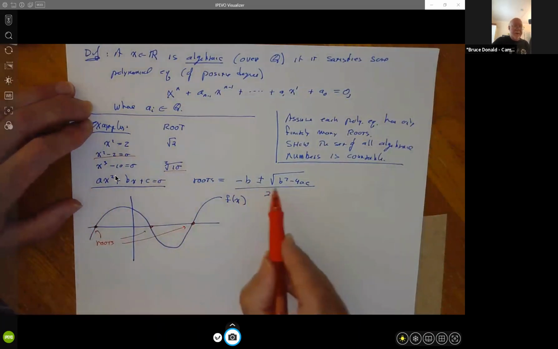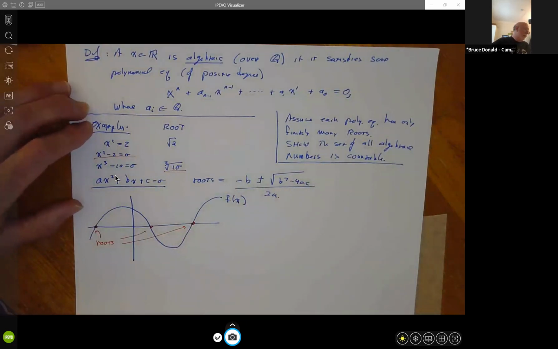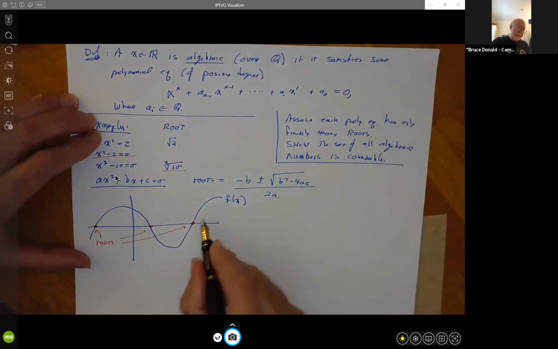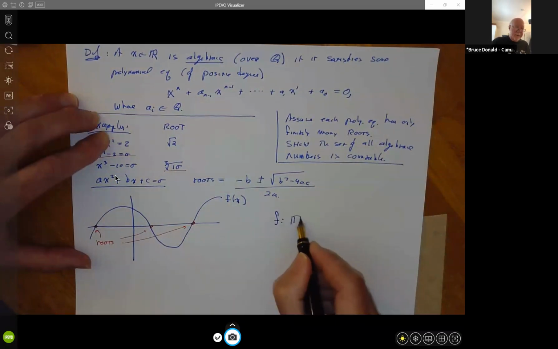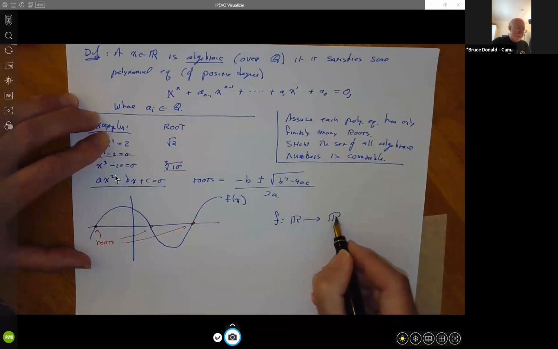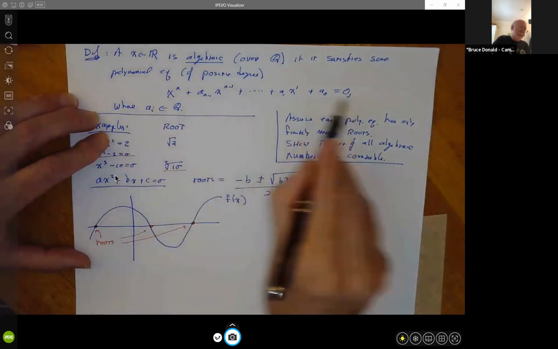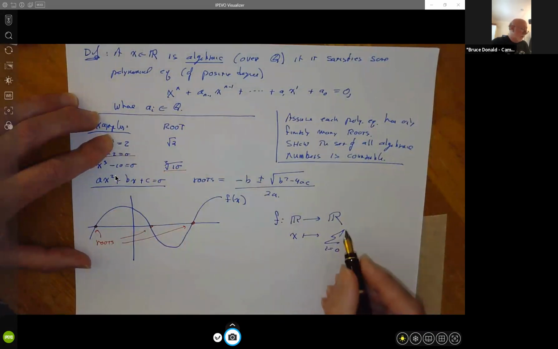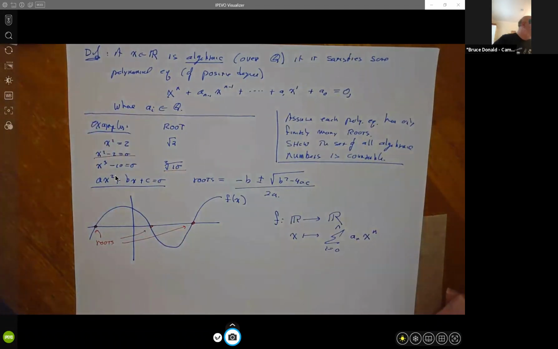The roots are negative b plus or minus the square root of b squared minus 4ac over 2a. You get, in many cases, 2 roots. And we can represent polynomials, of course, as a function. You could think of these polynomials in one variable as being a mapping from the real numbers to the real numbers. And what does it send x to? Well, the sum for i equals 0 to n of a i x to the i. So that's a representation.